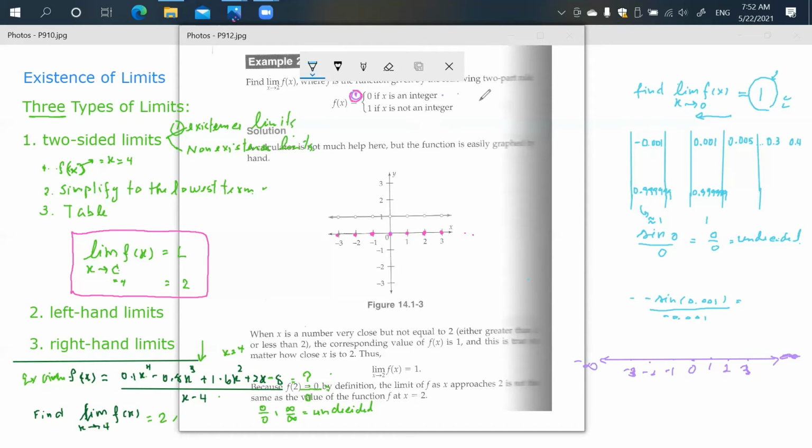Okay, so now we compare the, I use this color. Okay, plot the second function here. f of x equal to 1 if x is not an integer. So you can see how we plot for the second one. So like this one can be 0, 0.01, 0.02, and so on, right?